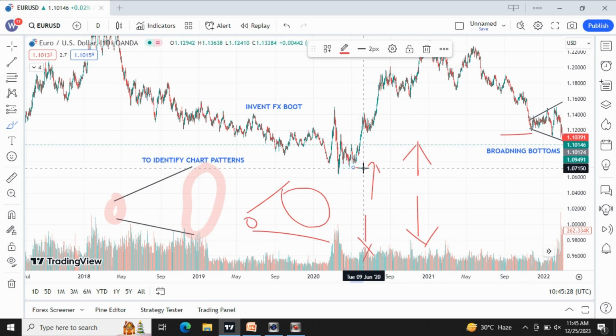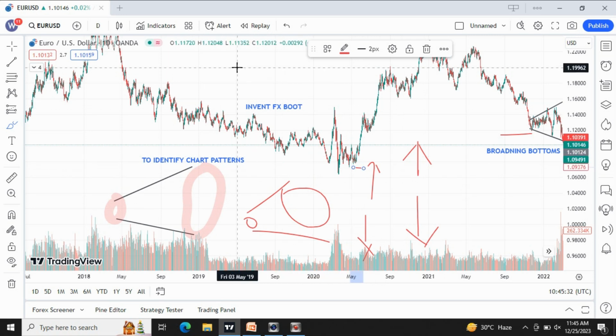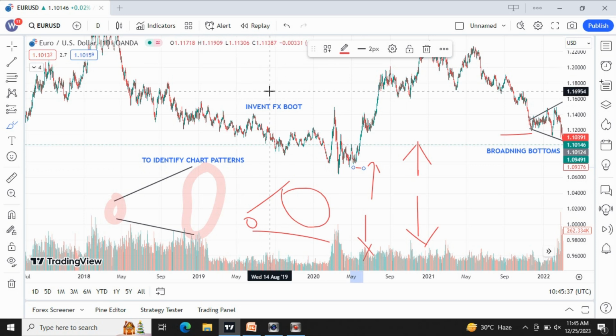But patterns that are both tall and narrow outperform the short ones. So when you are looking for broadening bottoms, you should be looking for ones that are both tall and narrow. Those are the criteria you should have in mind.